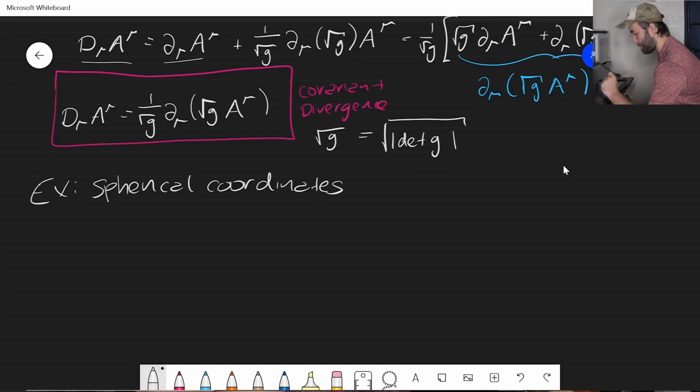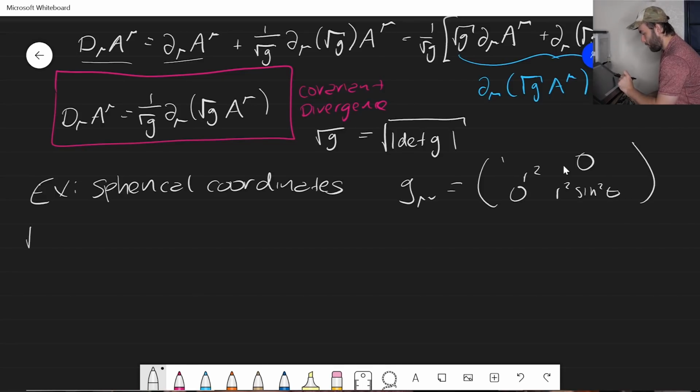The first thing is that the metric tensor g mu nu is diagonal with entries 1, r squared, r squared sine squared theta, which means the square root of the determinant of g, the determinant of a diagonal matrix being just the product of the diagonal components, is the square root of r squared times r squared sine squared theta.